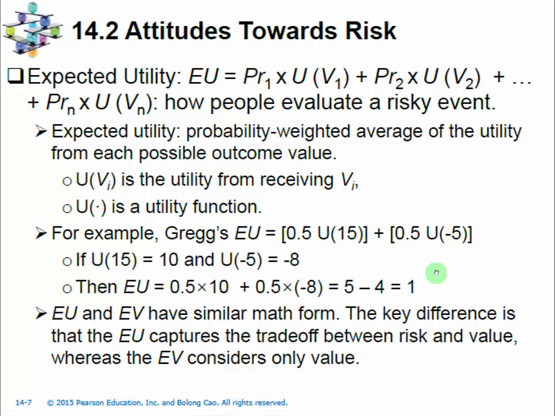In that way, the utility function actually takes the risks into account, so that when we calculate the expected utility level, it gives us a summary of the decision maker's consideration of both the expected outcome and the risks involved.